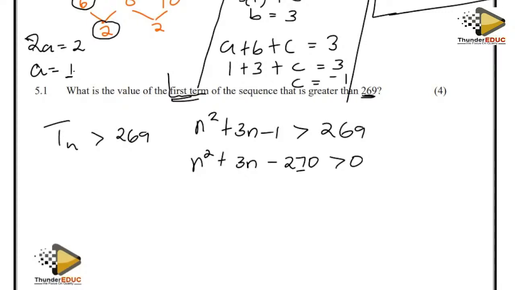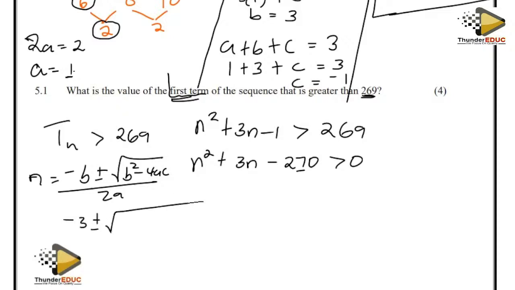So let's say n is equal to negative b plus minus square root of b squared minus 4ac, divided by 2a. So our b is a 3, plus minus the square root of 3 squared minus 4, the a is a 1, and then the c in this case with the equation is negative 270.